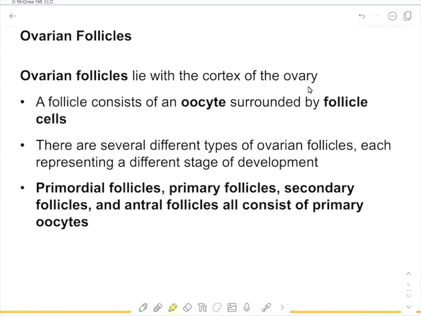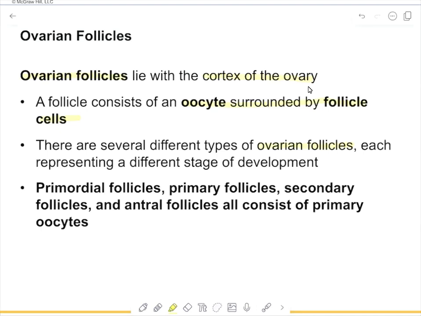So the ovarian follicles lie within the cortex of the ovary, and a follicle is referring to the cells that surround the ovary. So the follicle consists of an oocyte surrounded by follicle cells. There's different stages of development of that ovarian follicle, and each represents a different stage of development.